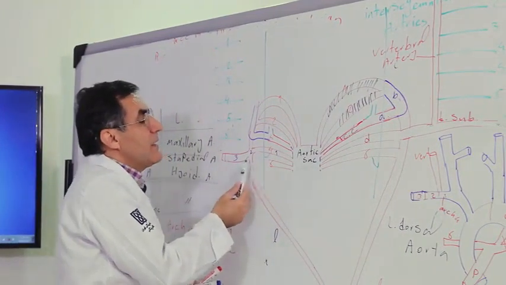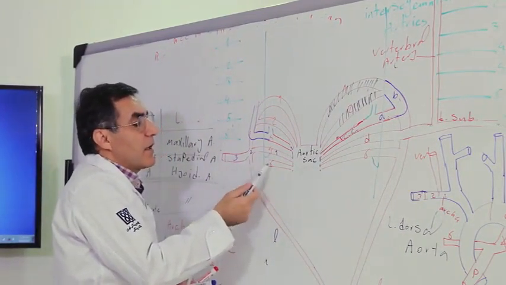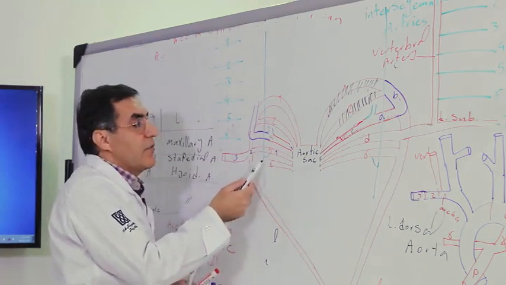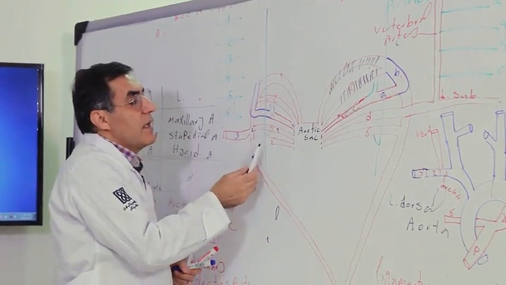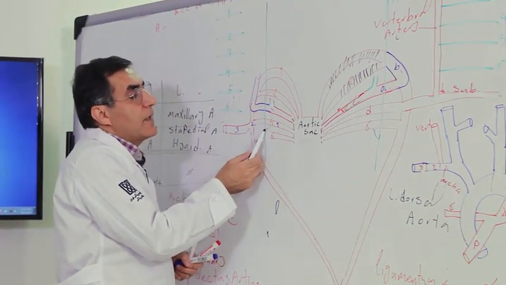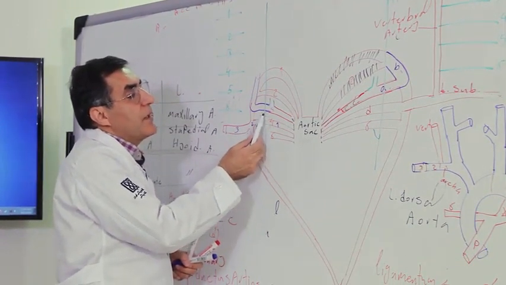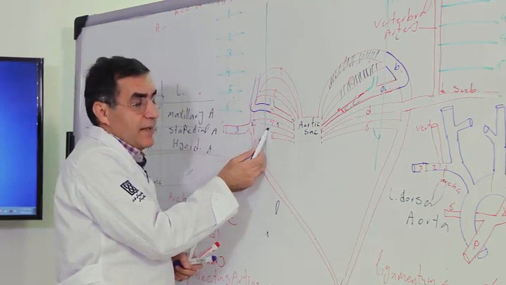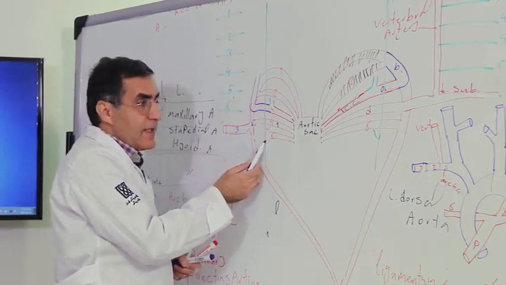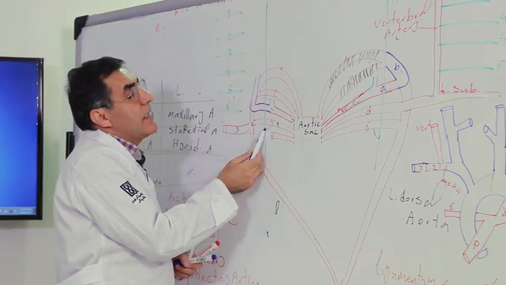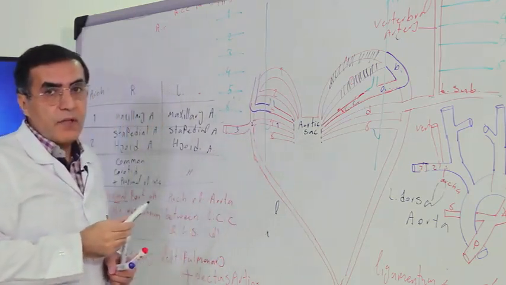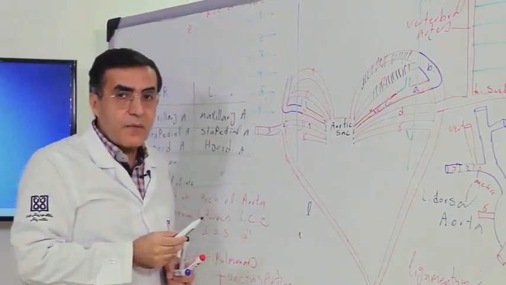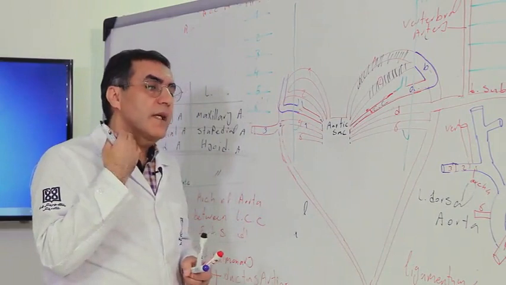But when the distal part of the sixth arc on the right side is degenerated, the recurrent laryngeal nerve on the right side comes up, and it is one branch of the vagus nerve in the neck. It means that this nerve arises from the vagus nerve in the neck, so we say the right recurrent laryngeal nerve is a branch of the vagus nerve in the neck.